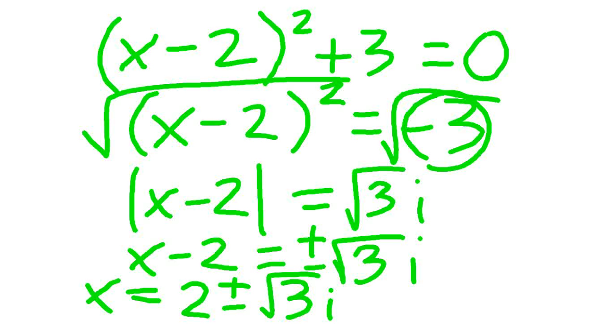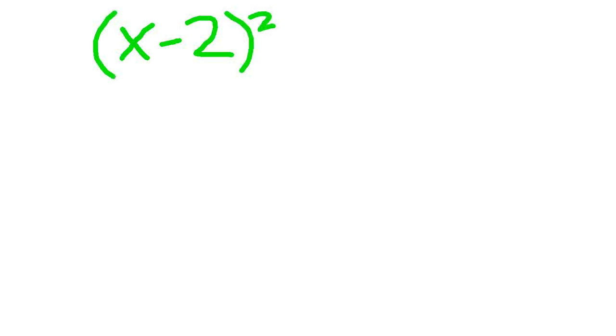Now, we can also change the vertex form to the abc form of a quadratic function. So let's say we have our example again, where (x - 2)² + 3 is our function.